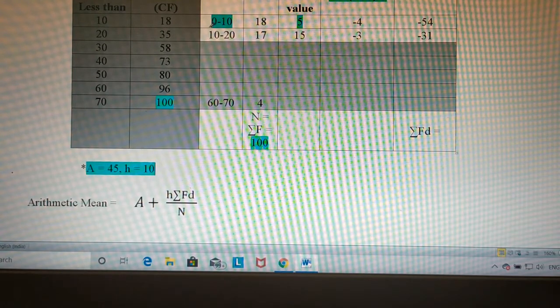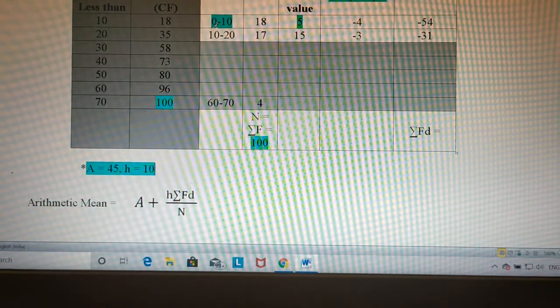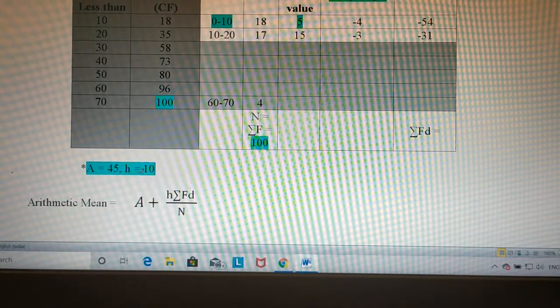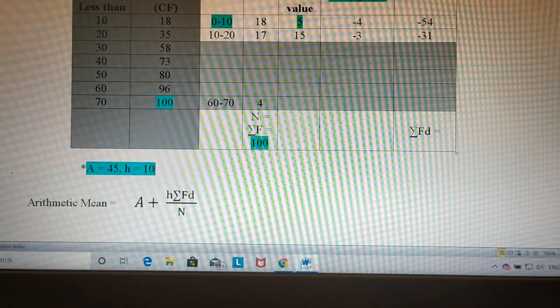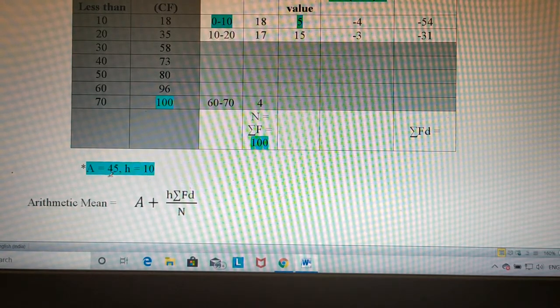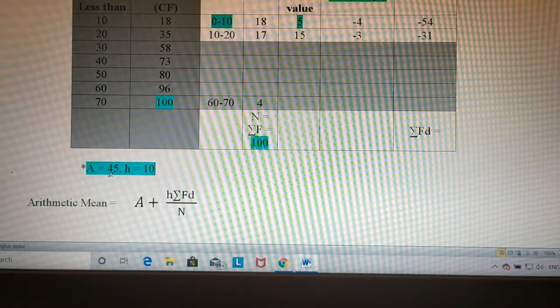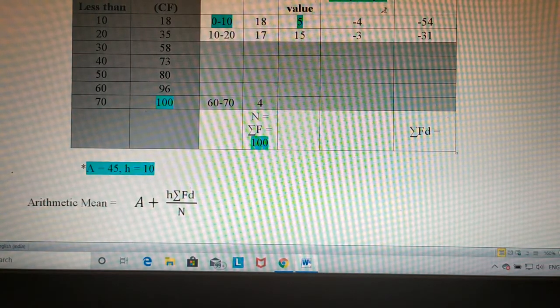H is the width of the class interval. For 0 to 10, the width is 10. For 10 to 20, the width is 10. So h means the width of the class interval. For this question, the width is 10. So how to get this d value? D equals x minus a divided by h. The x value of the first row is 5, minus a which is 45. 5 minus 45 is minus 40, divided by h, which is 10, gives minus 4.